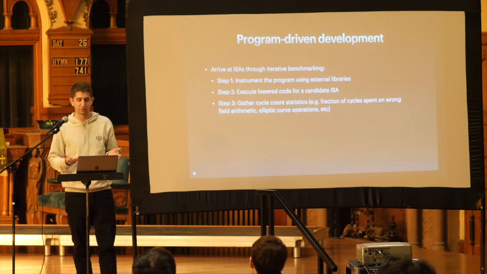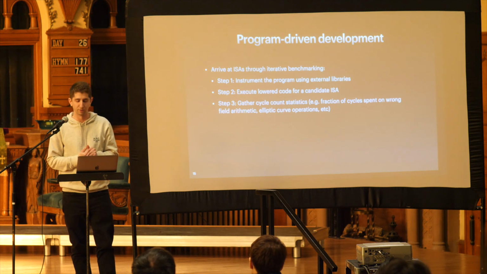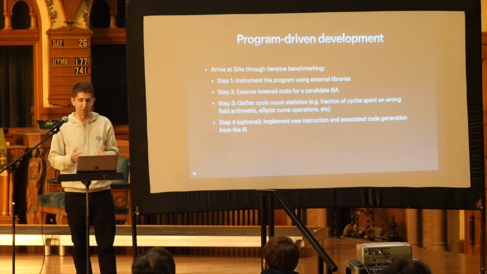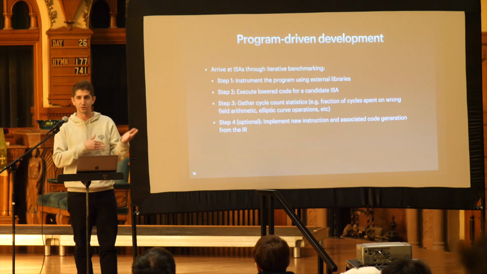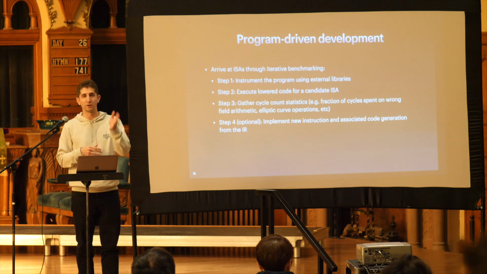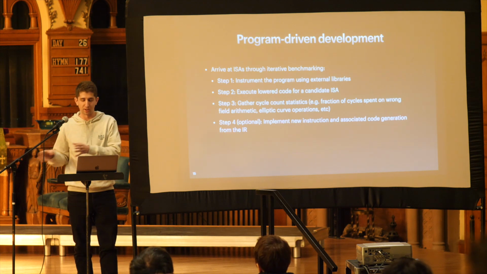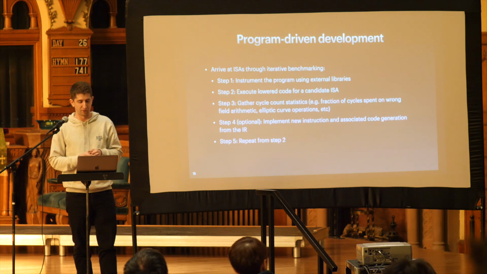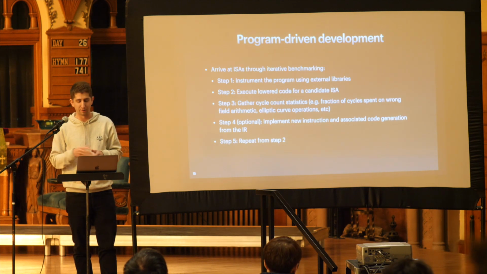We then count what fraction of cycles were spent on field arithmetic or elliptic curve operations, et cetera, and then decide, in the next step, which is optional, do we implement a new instruction and the associated code generation from that IR to represent it, or is the performance fine with just using the base set or the existing set of complex instructions that we've already implemented? We go back to step 2 after implementing a new instruction and test again. Does it make sense to keep adding new instructions?